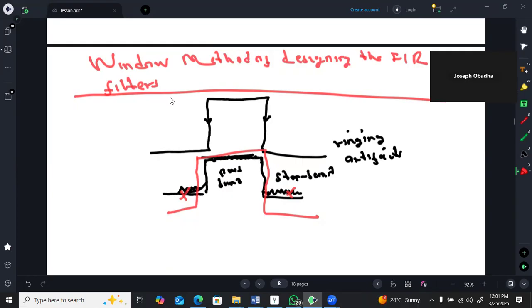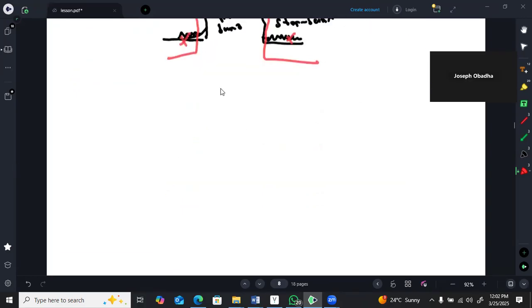So the so-called window functions have been defined, and we have several of them. When we obtain our filter coefficients, let's say h of n, then for the windowed coefficients we need to multiply h of n by the corresponding window function.